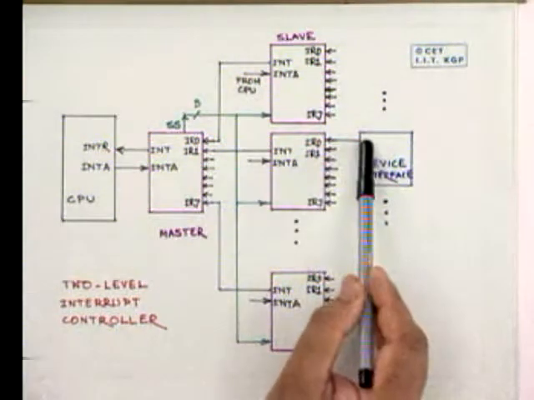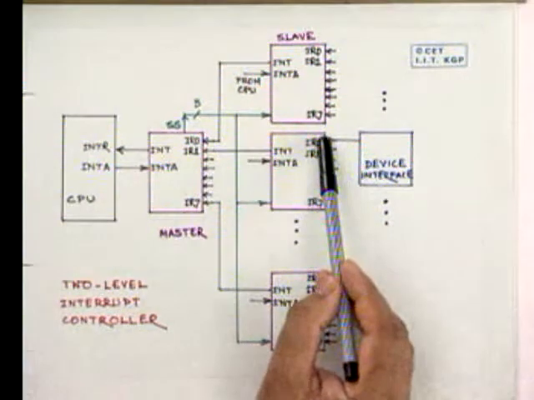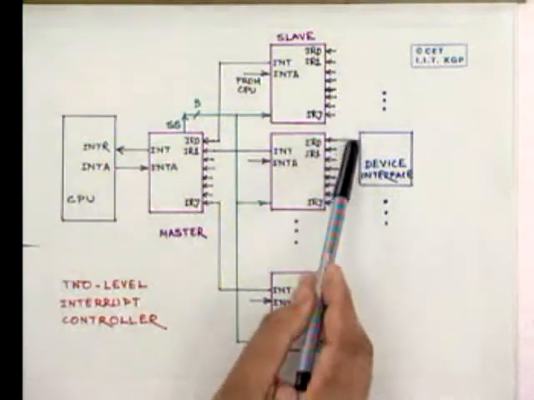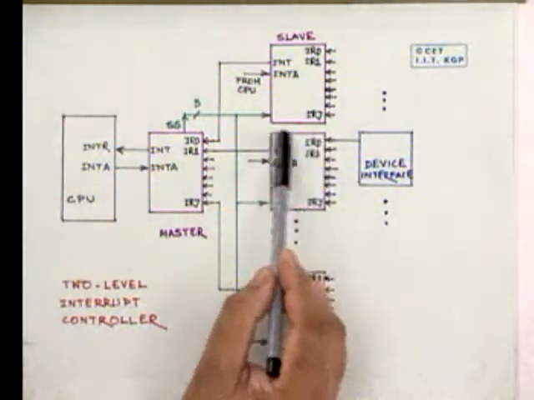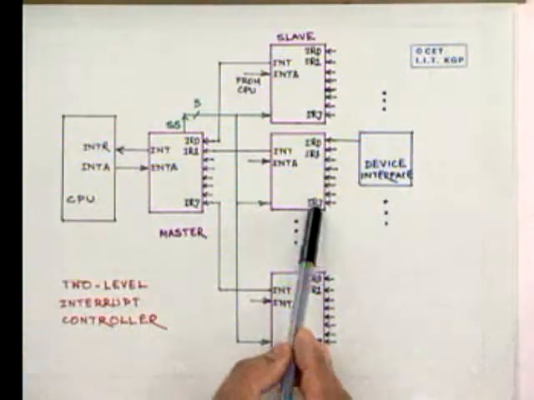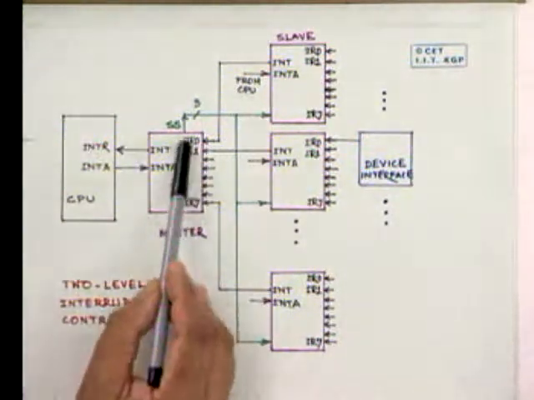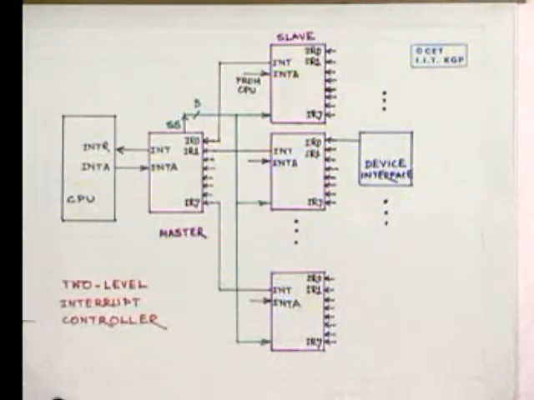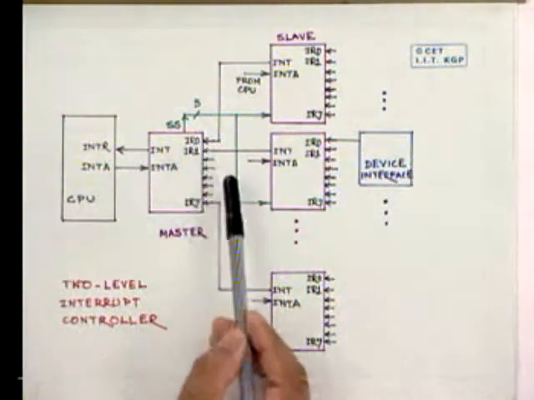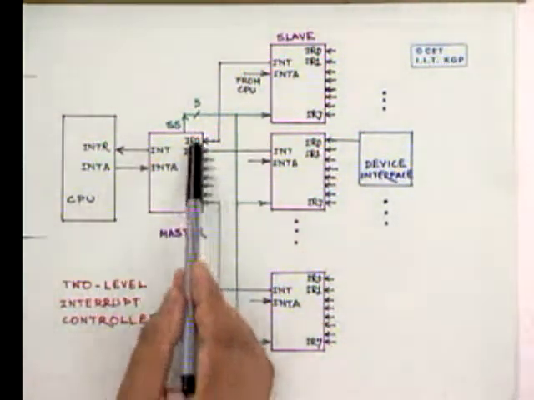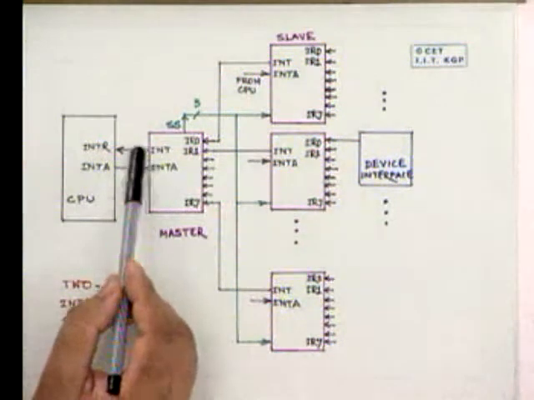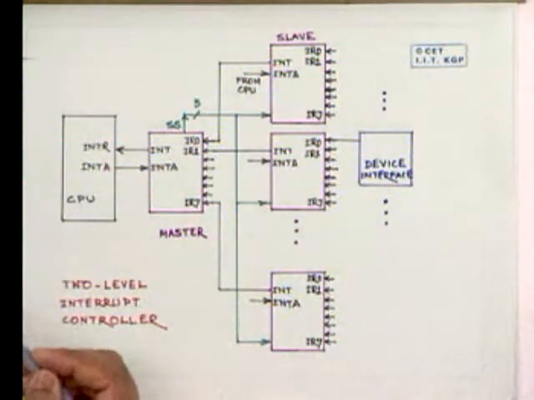Now on getting this interrupt request at this point, this slave interrupt controller then sends a signal to the master interrupt controller here. Now on getting that interrupt request here, the master then sends an interrupt request to the CPU.